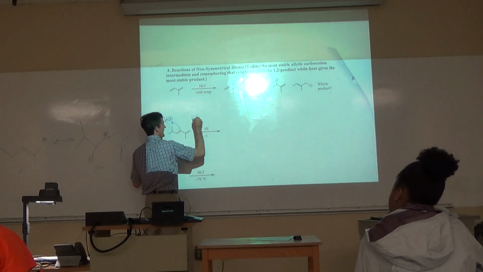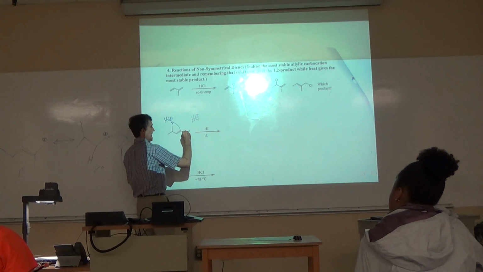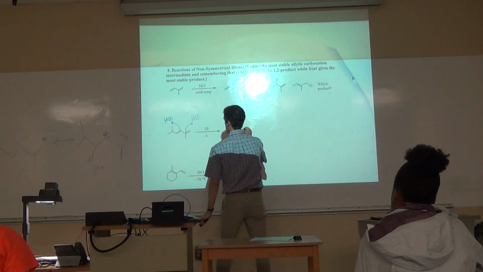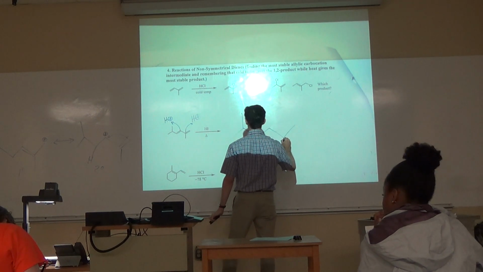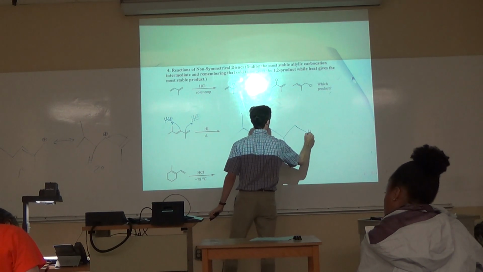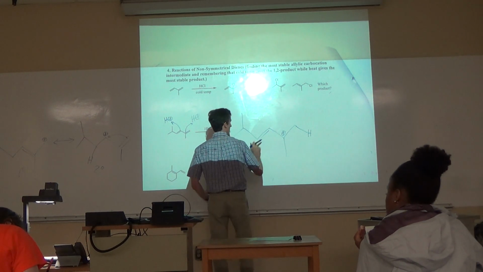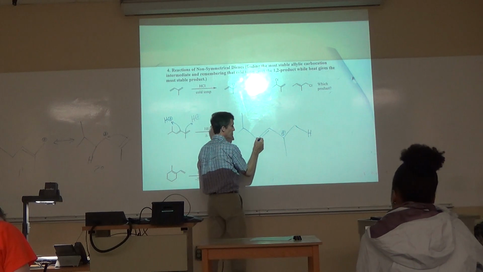Where are we going to make the cation, left or right? Left. And that would give new H on the end, positive here, double bond here. Allylic cation, now we can do resonance.